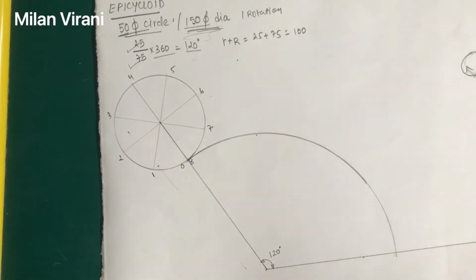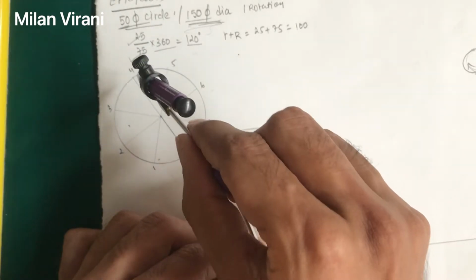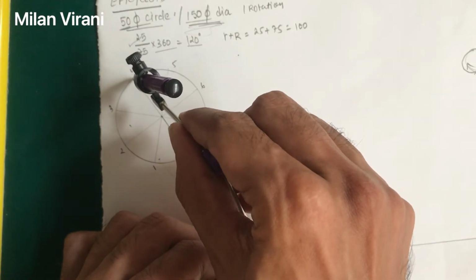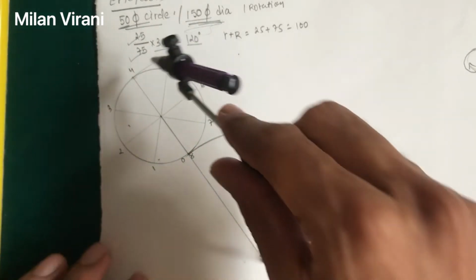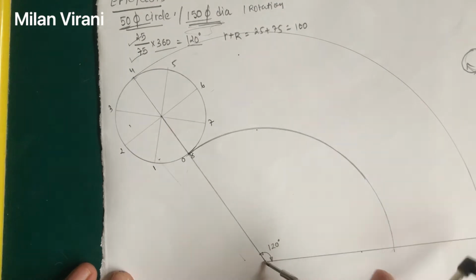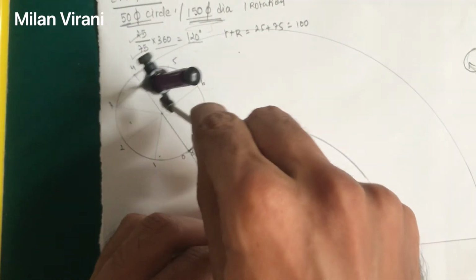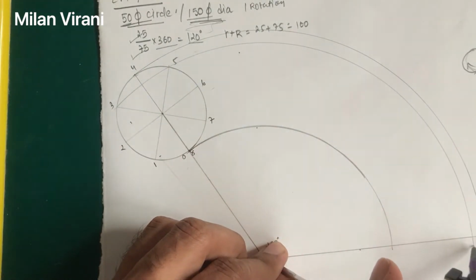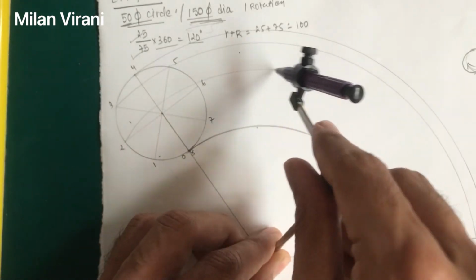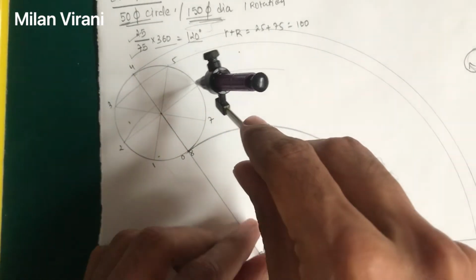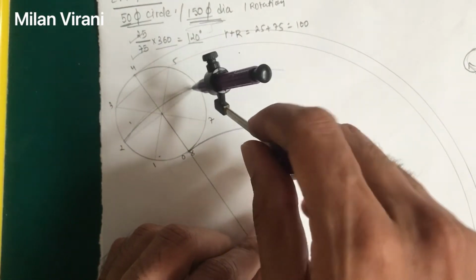Afterwards we will draw the locus of all the points. Let's start. This one is number 4, and from the center to 4 I keep the radius, and this one is the locus. Then say 3 and 5, both are the same. Likewise 2 and 6, both will be in the same locus.